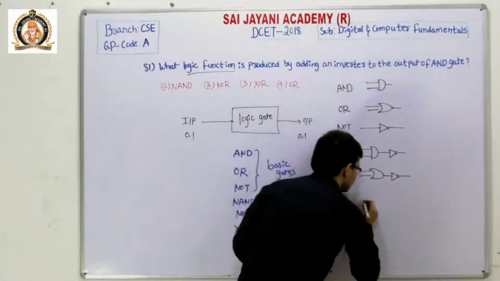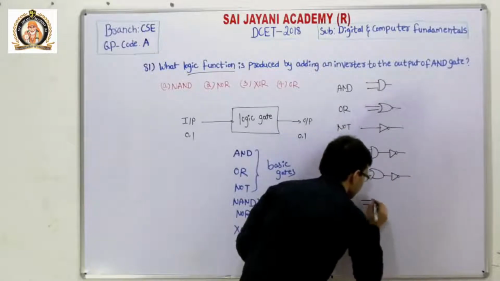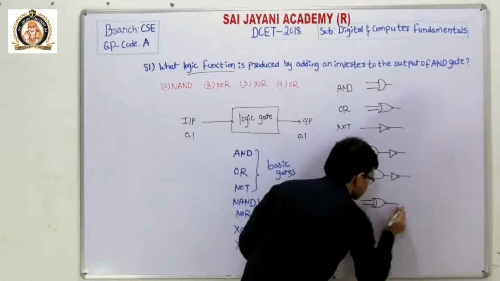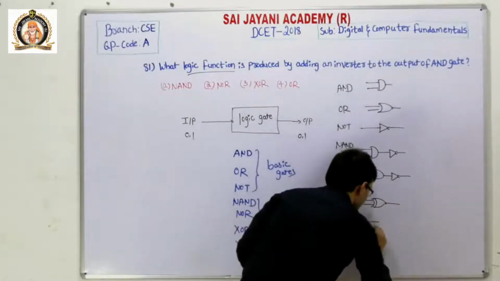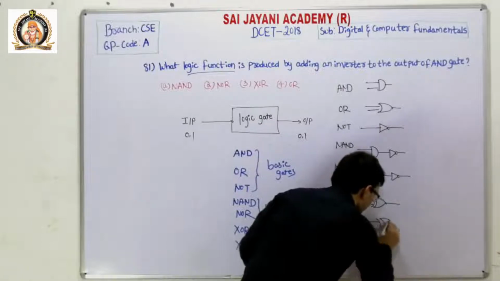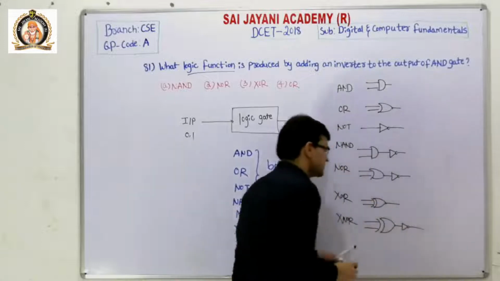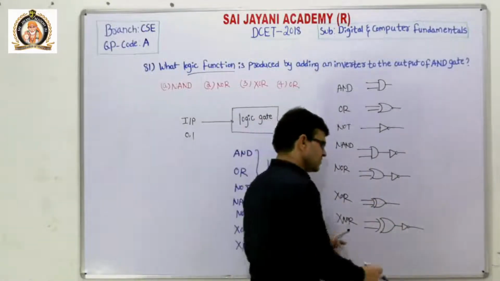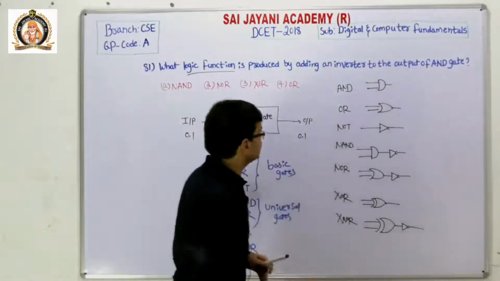And for the XOR gate, this is the symbol. For the XNOR gate, this is the symbol. The XNOR gate is produced whenever an inverter or the NOT gate is placed at the output of the XOR gate.